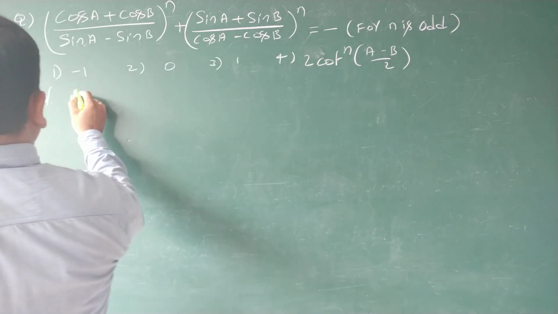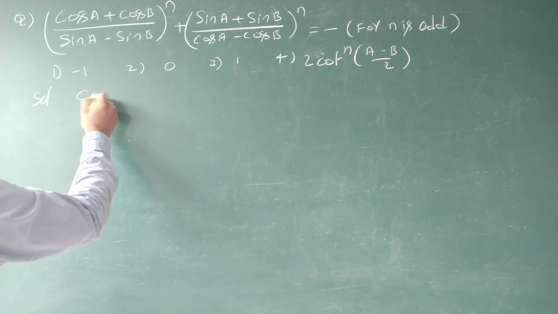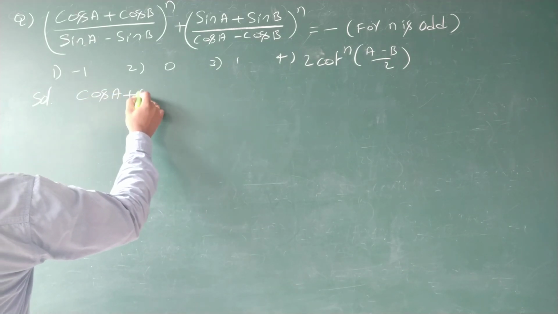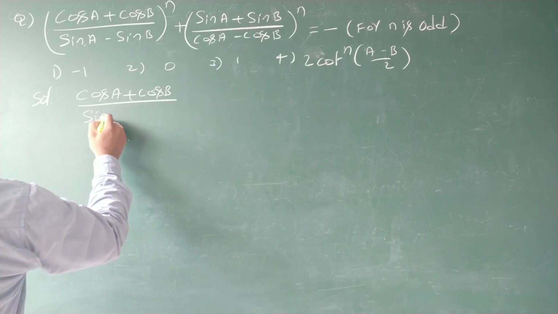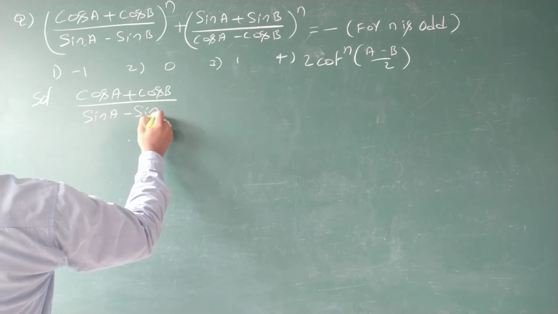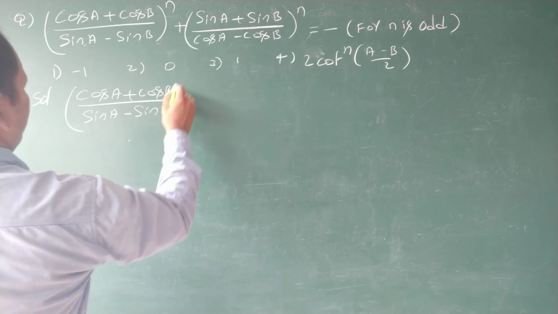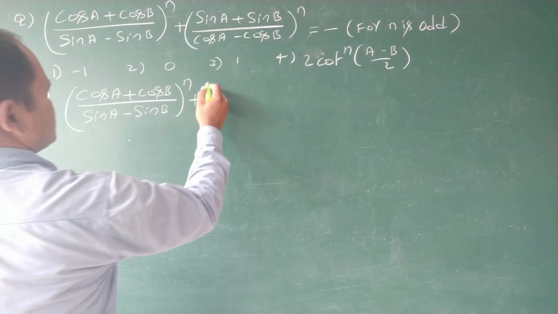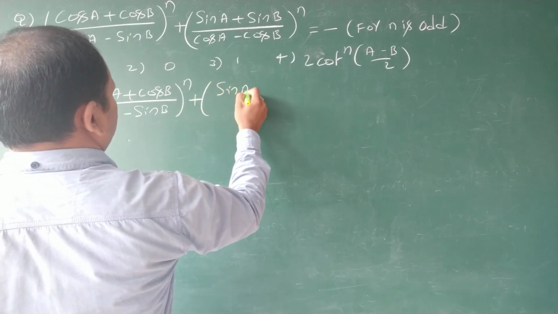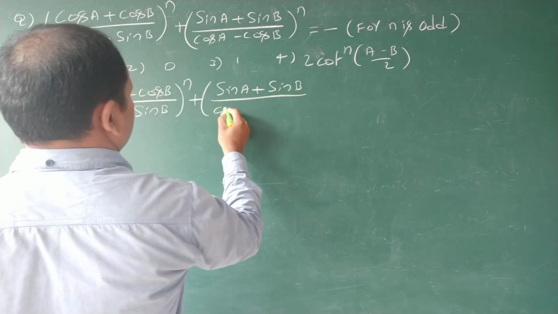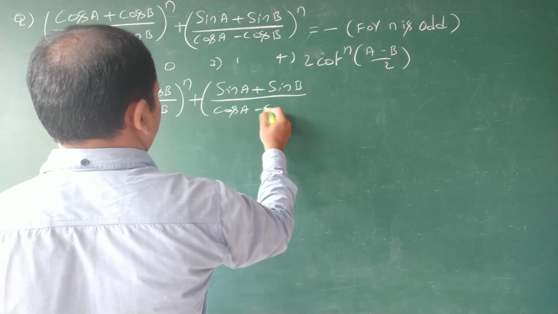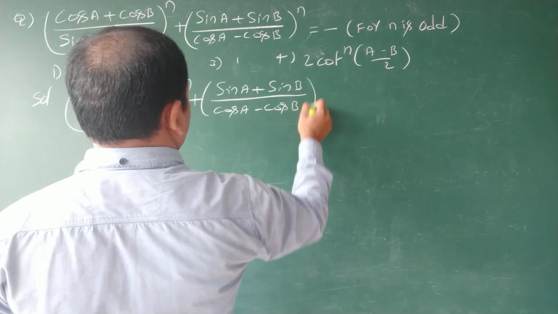Now take the expression, that is ((cos a plus cos b) by (sin a minus sin b)) power n plus ((sin a plus sin b) by (cos a minus cos b)) power n.